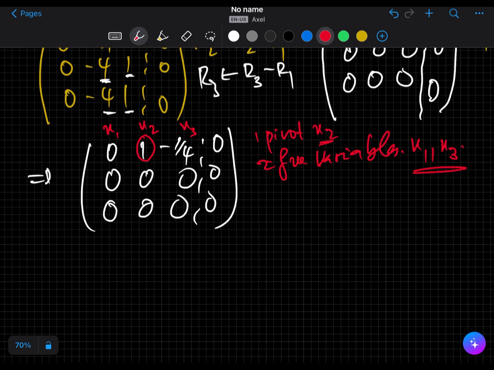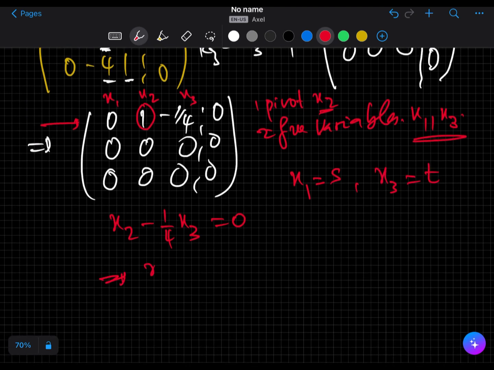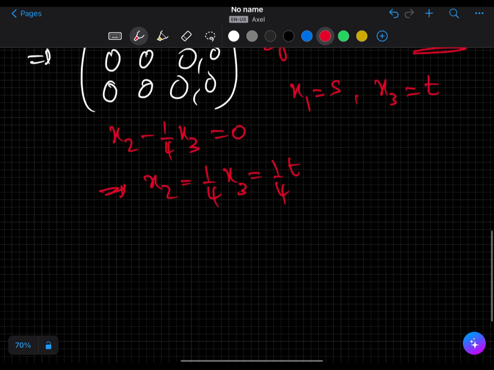So from the first equation, from the first row, we have x2 minus 1/4 x3 equals 0. x1 and x3 are free variables, so we have x1 equals s and x3 equals t. It means that this equation will lead to x2 equals 1 over 4 x3, which is 1 over 4 t.